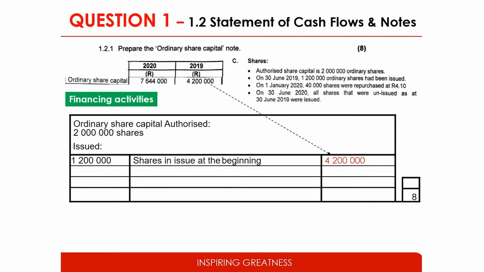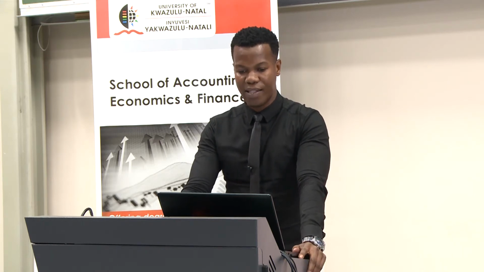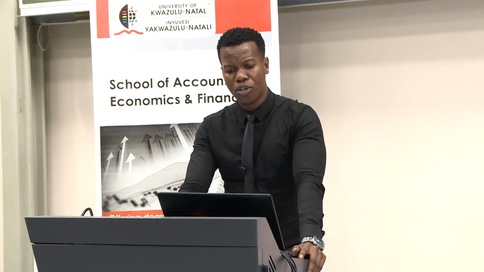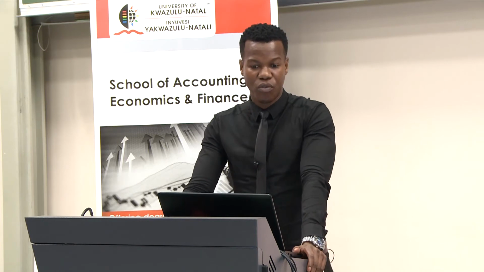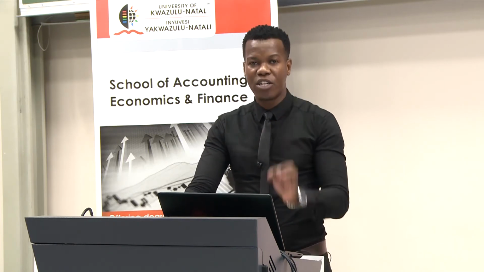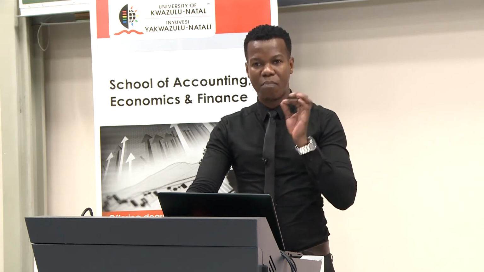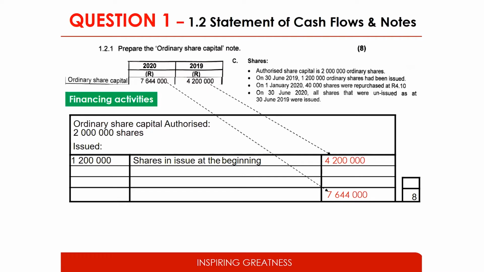Now the issued shares, that's just the number of shares that have been issued, and the 4.2 million, that's the amount. Also, in 2020, we've got a closing balance of ordinary share capital. It means that in the period under review, that is the balance of all the shares that have been issued thus far, and that is 7.6 million rand.